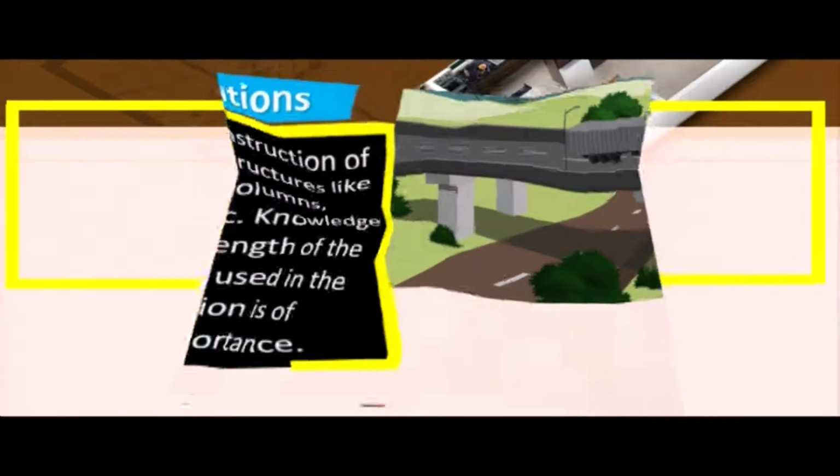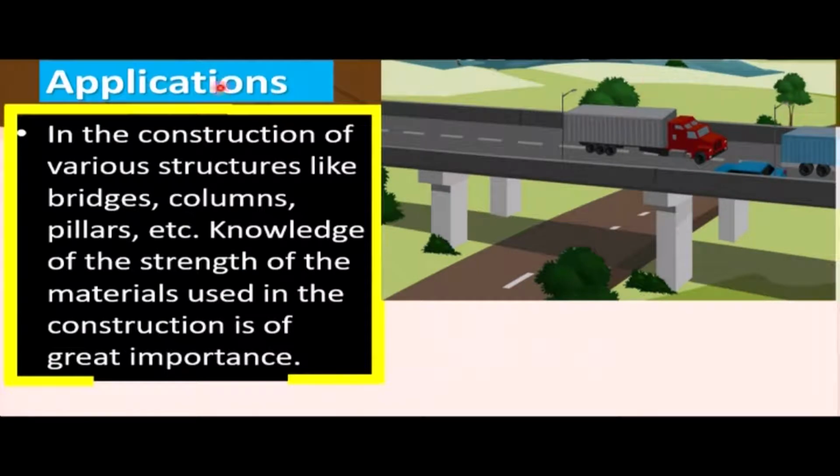Then, students, here we have the application of what we are discussing. If you have understood what I have said, this is applied in the construction of various structures like bridges, columns, pillars, and so on. Knowledge of the strength of the material used in construction is of great importance.